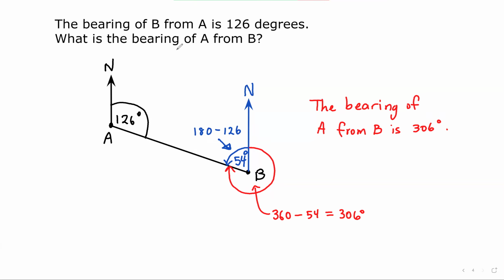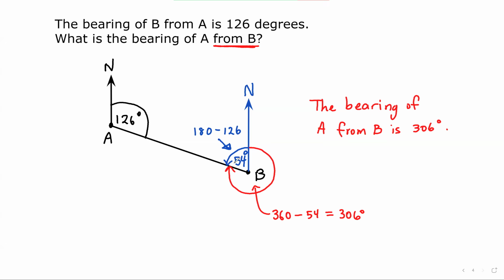And then if you're looking at the bearing of A from B, it means the starting point would now be at B, which means you need to put a north line at B. And there will be two angles around the point B. You'd have the inside angle there, which is actually an anti-clockwise angle. And then you would have your clockwise angle on the outside, your reflex angle there. And the bearing of A from B is going to be that clockwise angle.